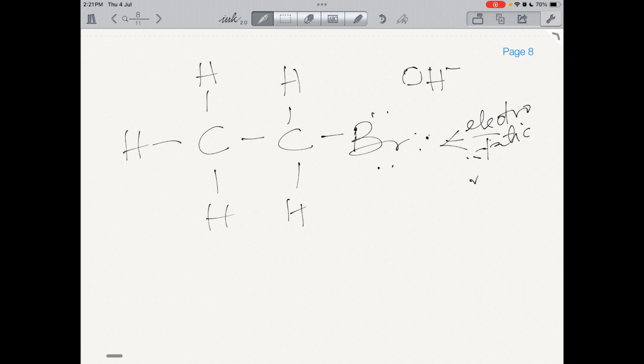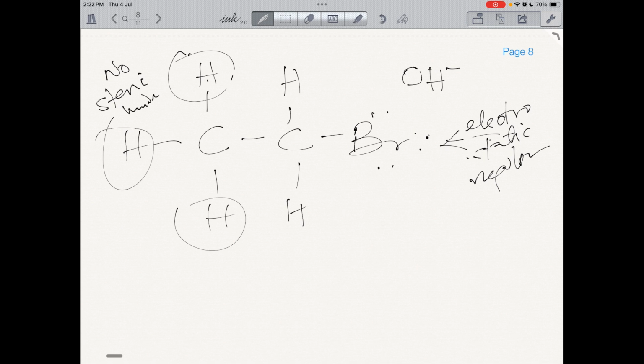Also, if you have bulky alkyl groups around here, let's assume you have CH3 here, CH3 here, CH3 here, it will not be able to come from the back because of steric hindrance. But here, there is no steric hindrance, so it can come from the back.